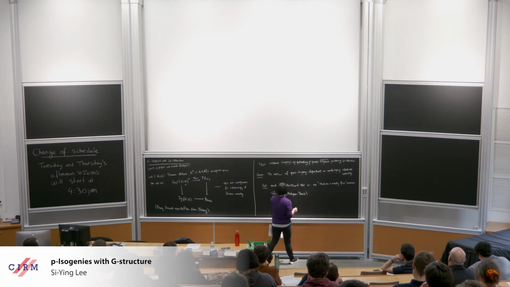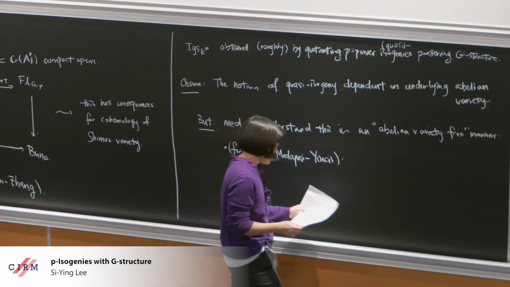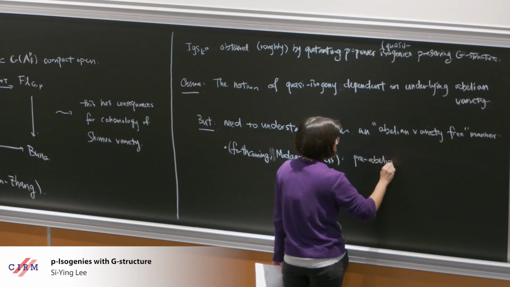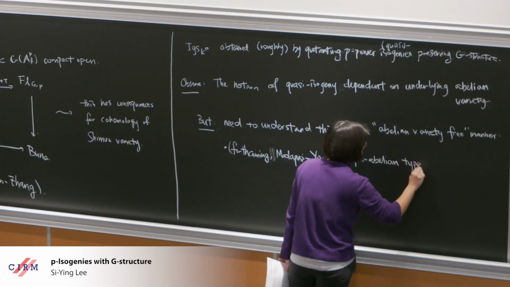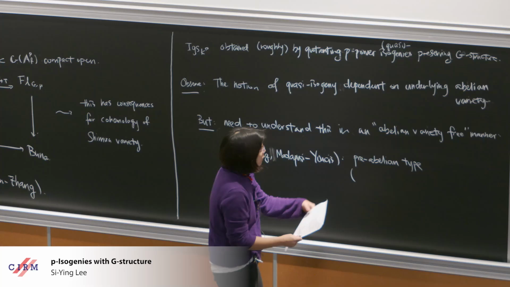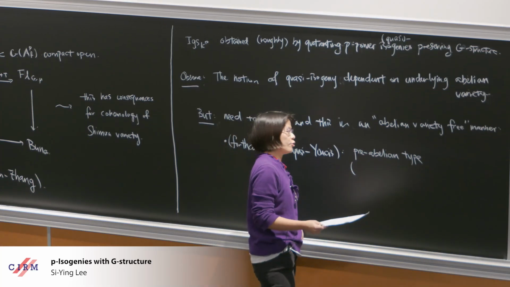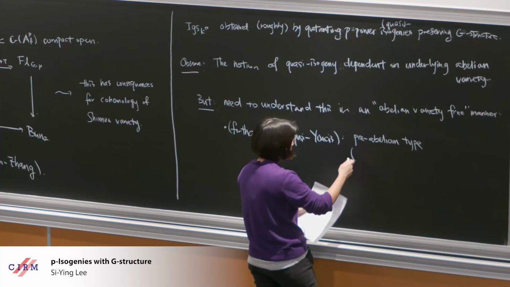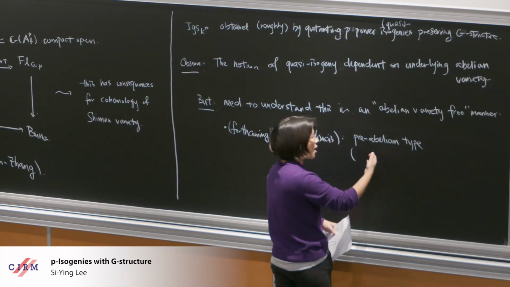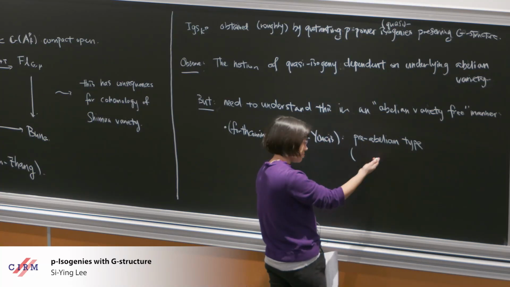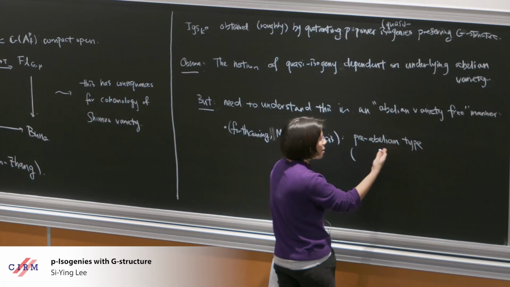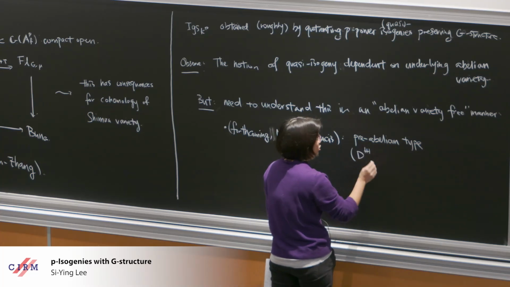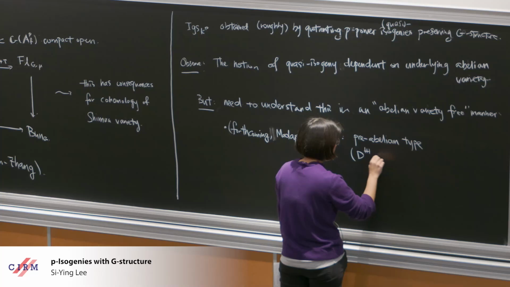What they have shown is that if you are a pre-abelian type Shimura variety, so if you're not very into the classification of which Shimura data are pre-abelian type and which are not, maybe I should say that the point here is that there are more things which are pre-abelian type, as the name suggests. One of the things which are pre-abelian type but not abelian type is the general Hodge type Shimura datum.